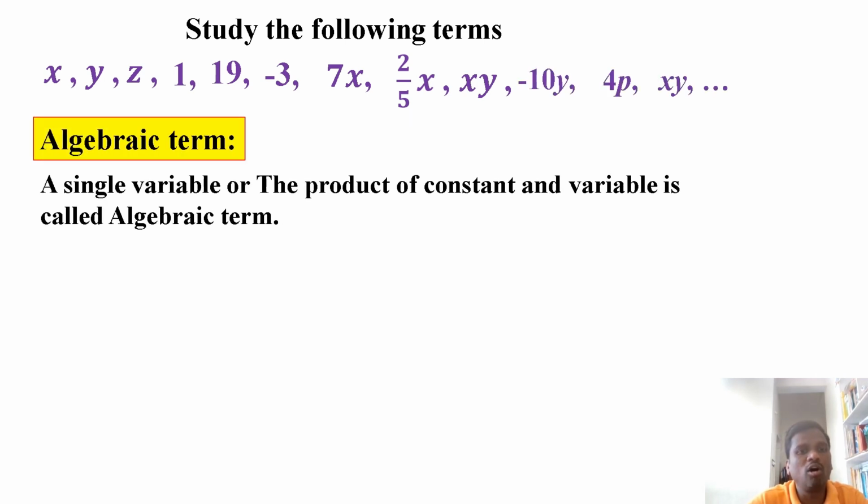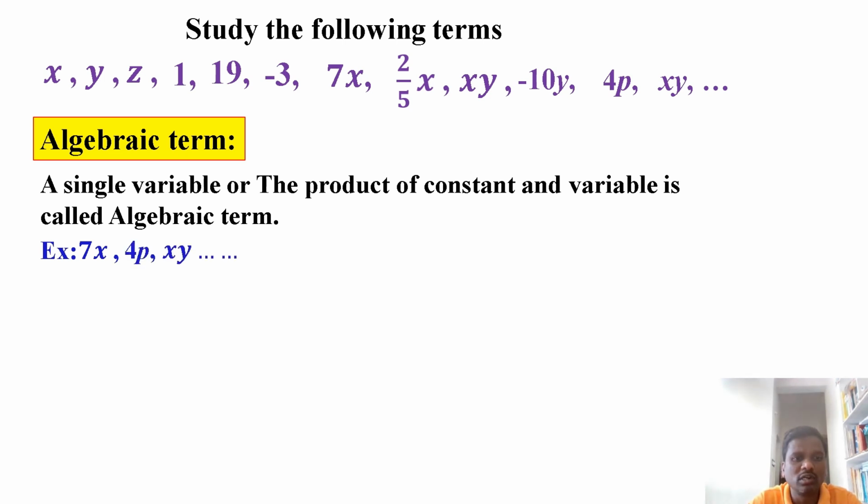Now, what is an algebraic term? A single variable or the product of a constant and a variable is called an algebraic term. Here 7x is formed by 7 and x, a product of a constant and a variable, so it is called an algebraic term.